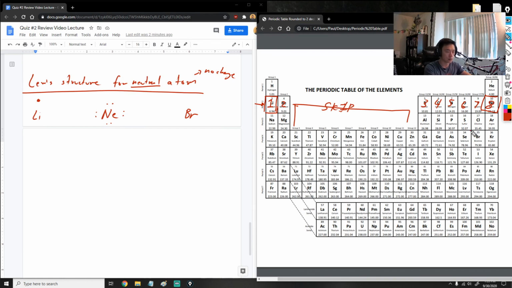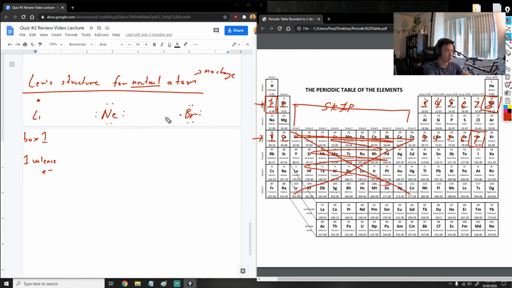So if you look at Br, Br is all the way over here, but if you guys remember, we skip this entire section. Groups 3 through 12, we skip this. Okay, so Br is in this row, row number 4, so we can just count 1, 2, skip, 3, 4, 5, 6. Br is 7, so Br only needs 7 valence electrons, right? Because Li is in box 1, so it has 1 valence electron.